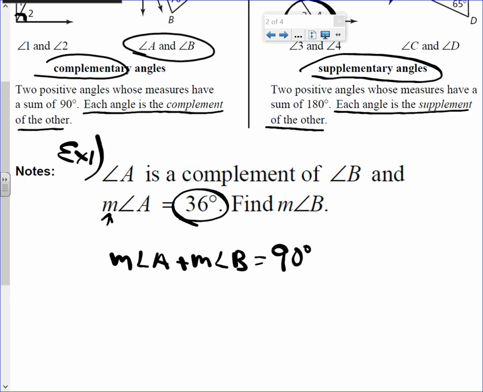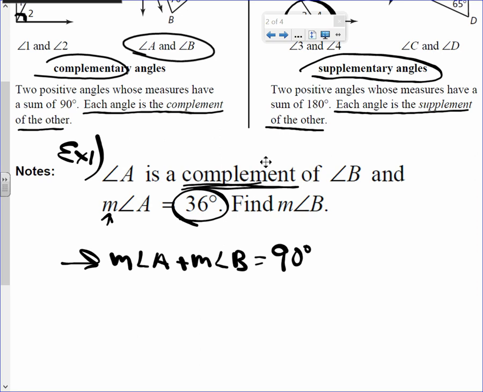I know that to be the case by sheer logic, by this word. I know this because I know that word. The word tells me that they have to be 90.